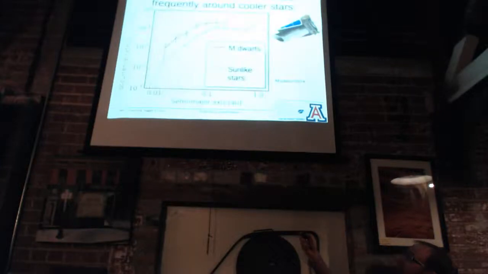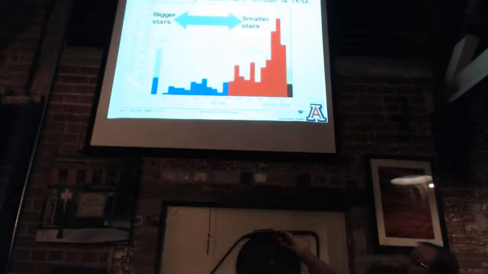But in Gijs's study, I simplified this plot, but he covered most of the range that's plotted here. And as you went to bigger and bigger stars, after correcting for the fact that we're not sensitive to those planets, they still have fewer planets.